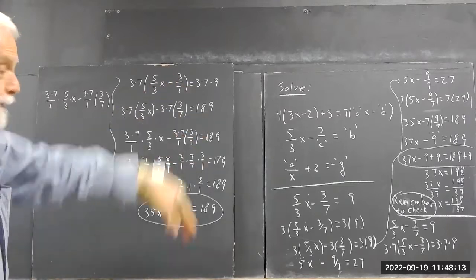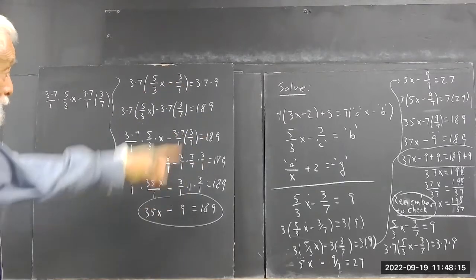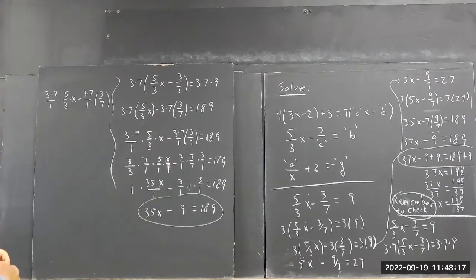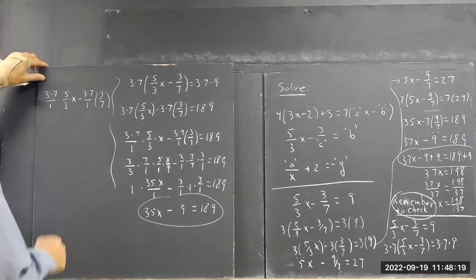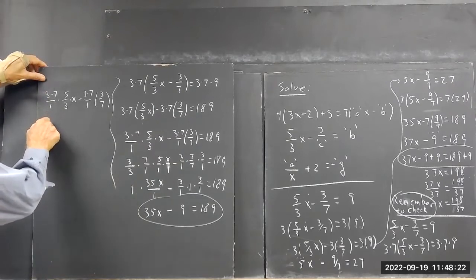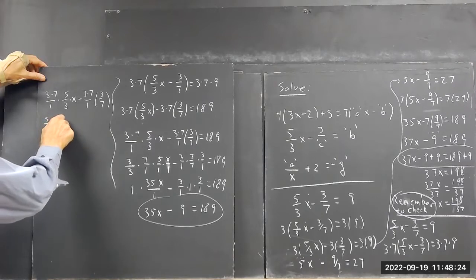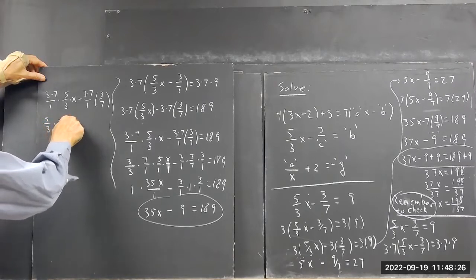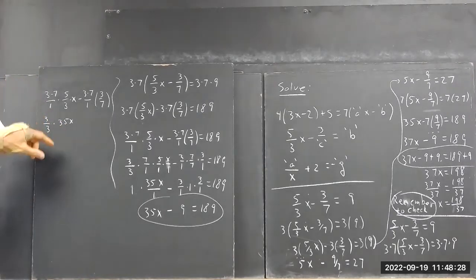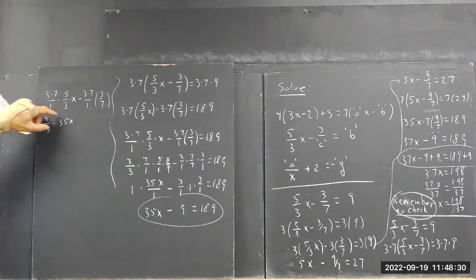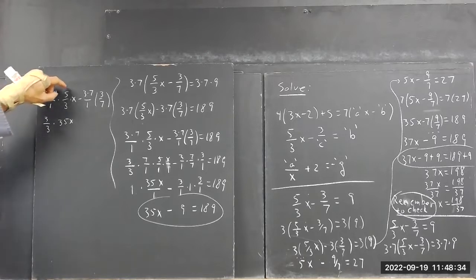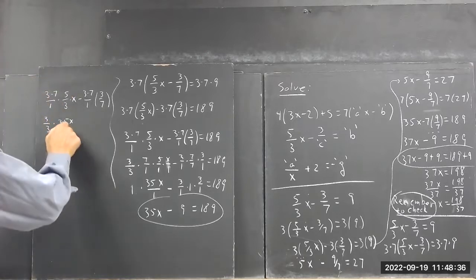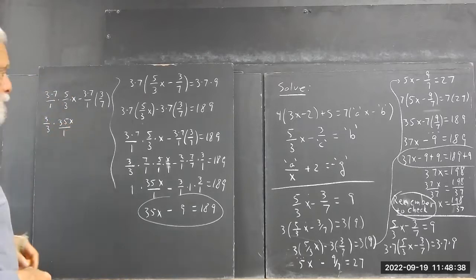The right-hand side hasn't changed since here. Okay. You can see that you're going to have the 3 over 3, and then that's times 35x. Get the 3 over 3. The 1 doesn't have to be there if you don't need it. 7 times 5 times x is this. And maybe write that 35x over 1.